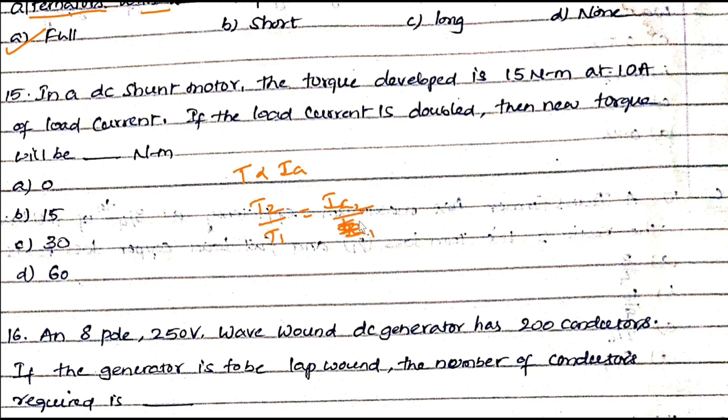From this, T2 will be T1 into Ia2 by Ia1, and since the current is doubled, Ia2 is 2 into Ia1, divided by Ia1. So T2 is 2 times T1, and T1 is 15, so 30 Newton meter. So the answer will be 30.